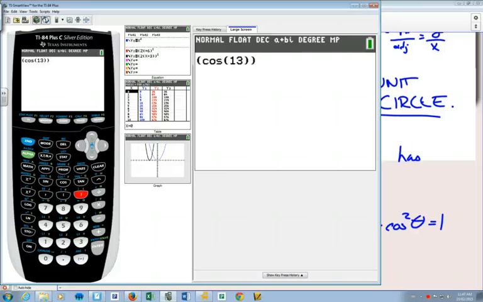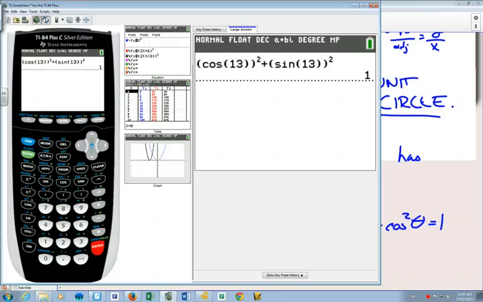Bracket squared plus, excuse me, bracket sine of 13 bracket bracket. You do because they added the one bracket automatically when I type sine. So the first bracket that I close closes that little set, and then I need another one to close that. It would just square the 13. So this is equal to 1.